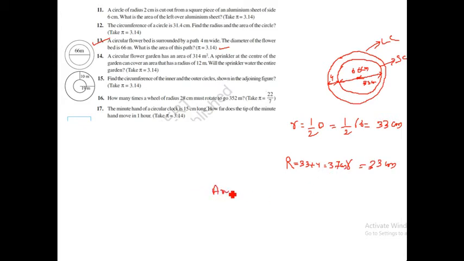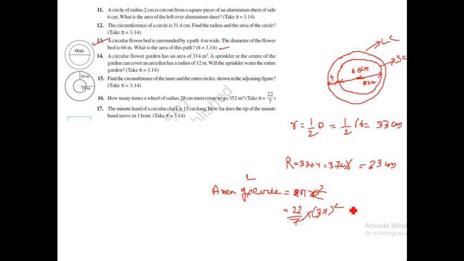Now area of circle equals pi r square, and for the larger circle we consider capital R. So pi into R square, that is 37 square.